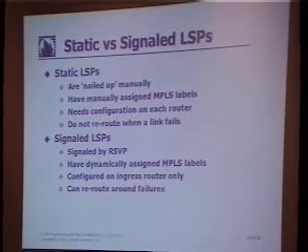So if a link breaks, you have to go to that router and manually point the LSP in a different direction. So your reconvergence time is probably really, really high in that scenario. Whereas with signaled LSPs, you just configure the head end, have the head end signal the LSP through the network, and should a link fail anywhere along that path, because you're using signaling, the LSP can recover and reroute.